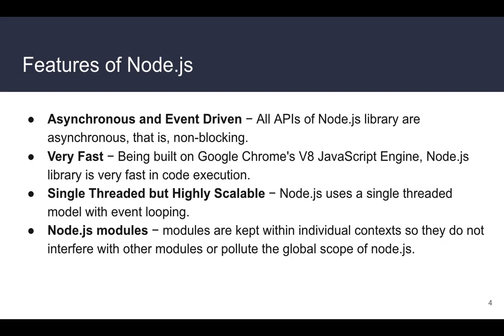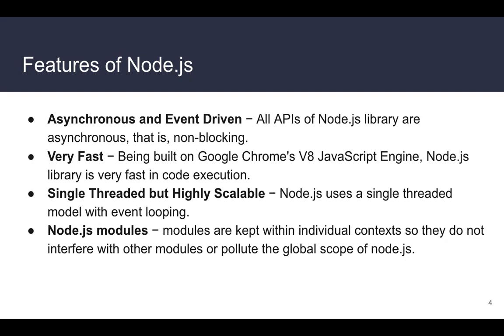Once we get the response, the API call is completed. So it is not blocking any thread. If we are waiting for the data, it will just put it into an event queue, and then the process will go on.